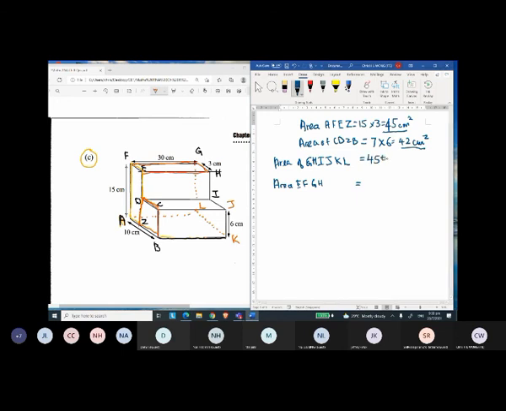Am I right? Because if you add the two together, 45 plus 42, it gives you 87 square. Yeah, you're right. Thanks for bringing it up. It's actually 45 plus 42. Am I right? Yeah.